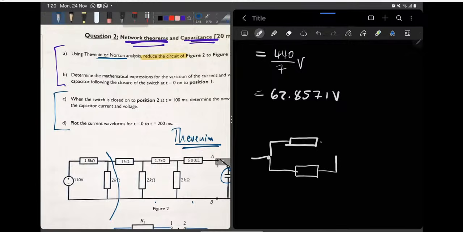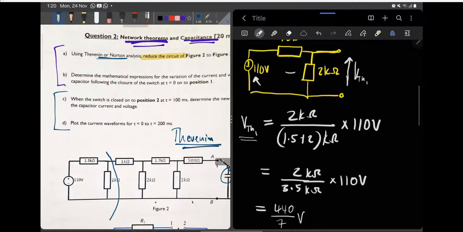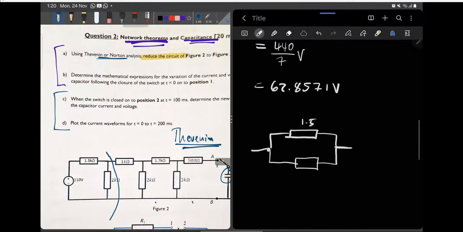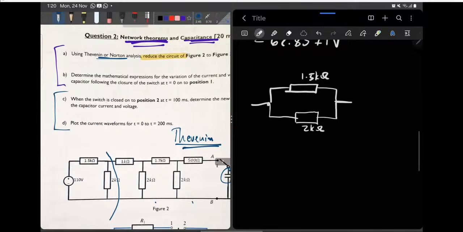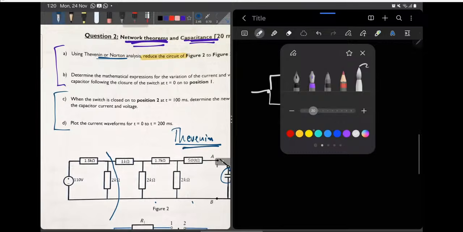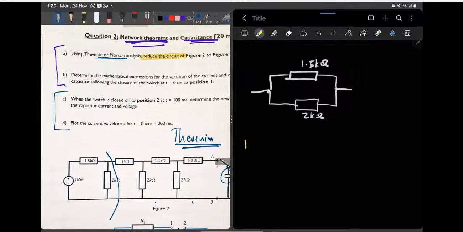So this is the circuit which we have where things are actually moving. And this resistor, we know one was 1.5, the other one was 2. So you can say 1.5 kilo ohms and the other one is 2 kilo ohms. Now here's how I'm going to do it for my R Thevenin. This is very important. When you're doing your R Thevenin for these two resistors, you are not going to add them directly, but you're going to treat them like a parallel combination of resistors. So R Thevenin will be 1.5 kilo ohms, you're adding them, but in a parallel way, 2 kilo ohms.